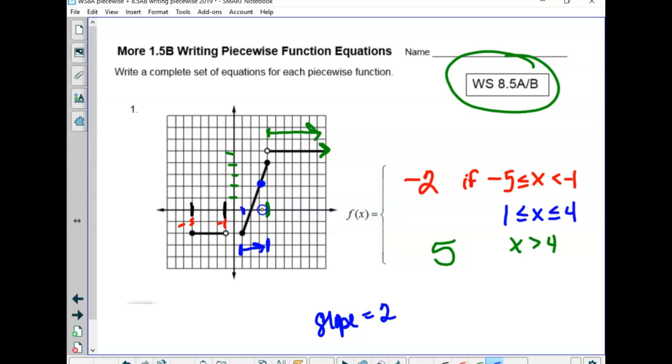Can I use 4, 2, or 3, 2? I'm going to use the point 3, 2. I'm going to go y minus the y of my ordered pair equals the slope, x minus 3. I'm using point slope.